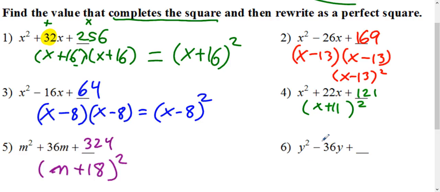Negative 36 divided by 2, negative 18. 18 squared is 324. We just did that. This time, it'll be a negative 18 and a negative 18, so y minus 18 squared.